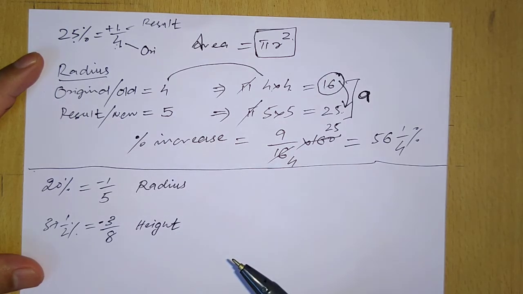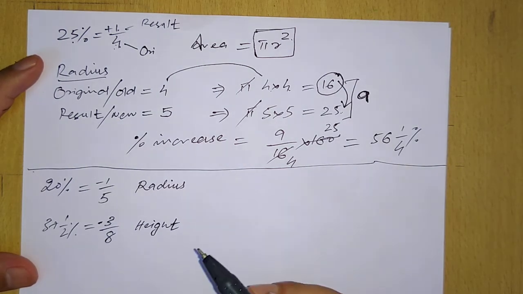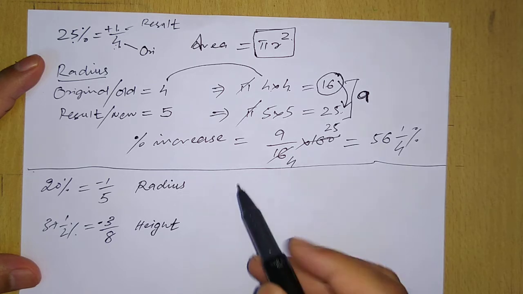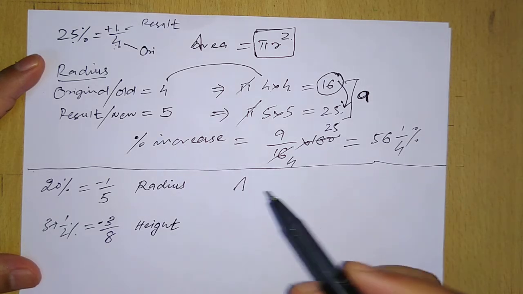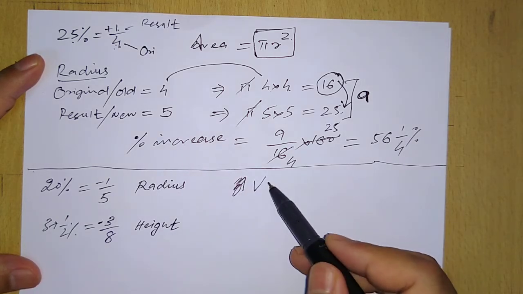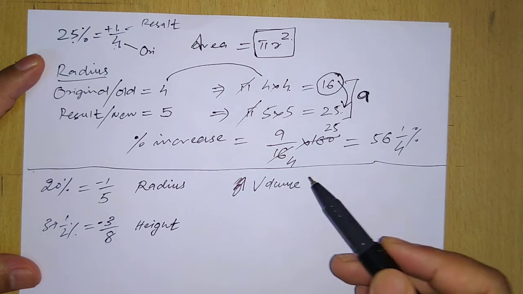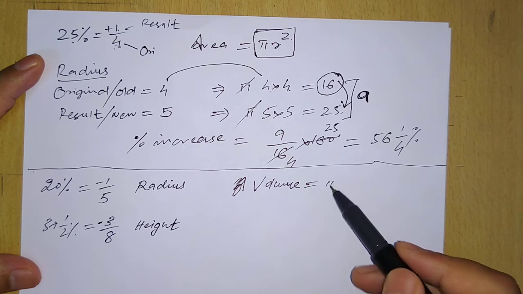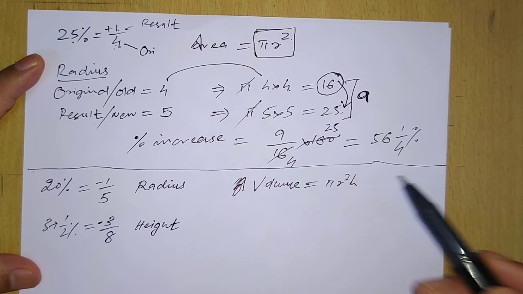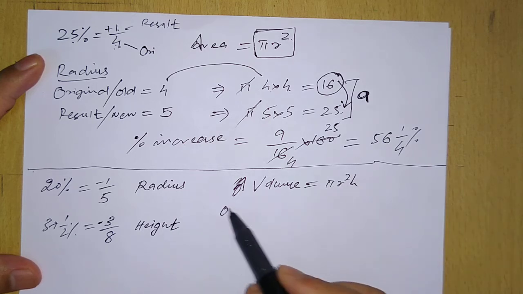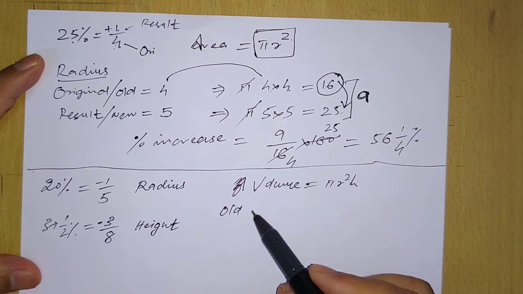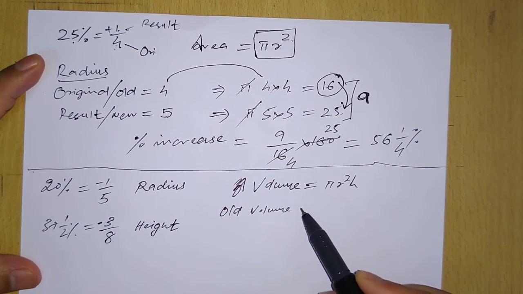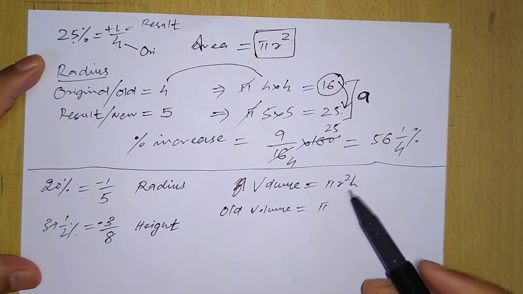Now we know the formula. Here it's a cylinder, so in the cylinder we need to find the volume. The volume of a cylinder is pi r square h. So here the old volume will be pi r square h.